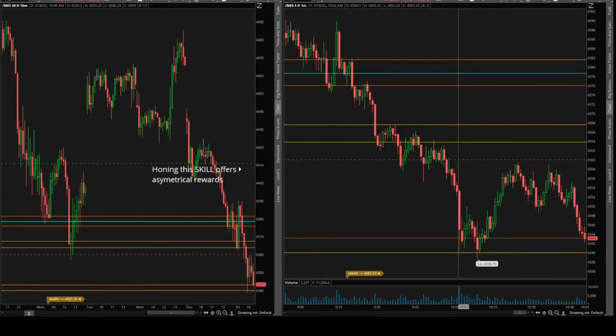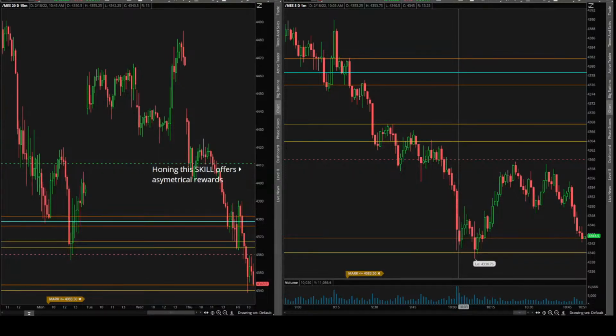NASDAQ doing the same thing, looking pretty similar to the ES here. Still looking for a bit of a bounce. All right, got another minute and a half left on the 5-minute.